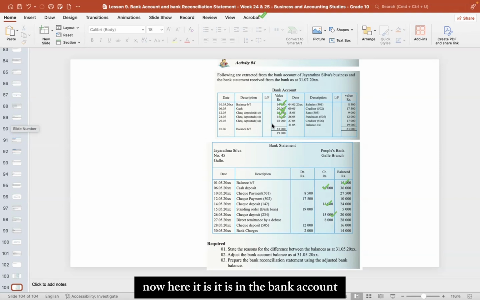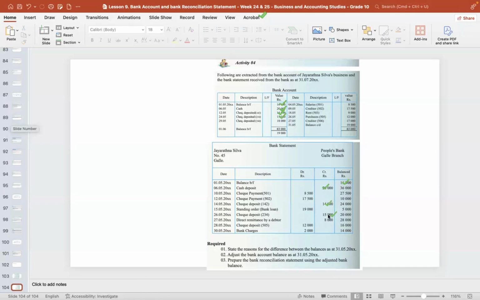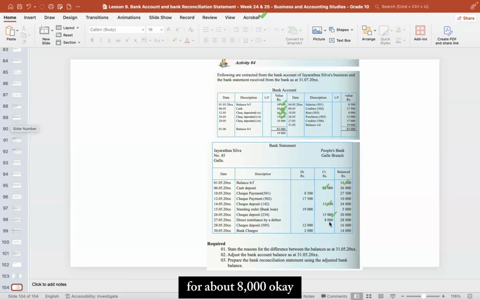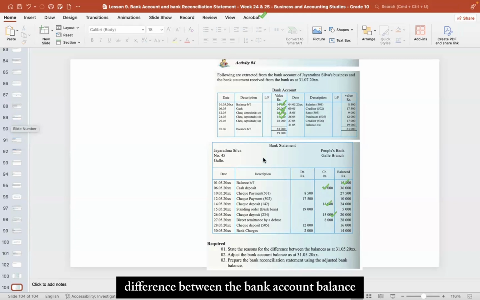Now in the bank account you have a cheque deposited of 18,000, but it's not here. On the other hand, in this credit side there is a direct remittance by a debtor for about 8,000. So these two are reasons for the difference between the bank account balance and the bank statement balance.